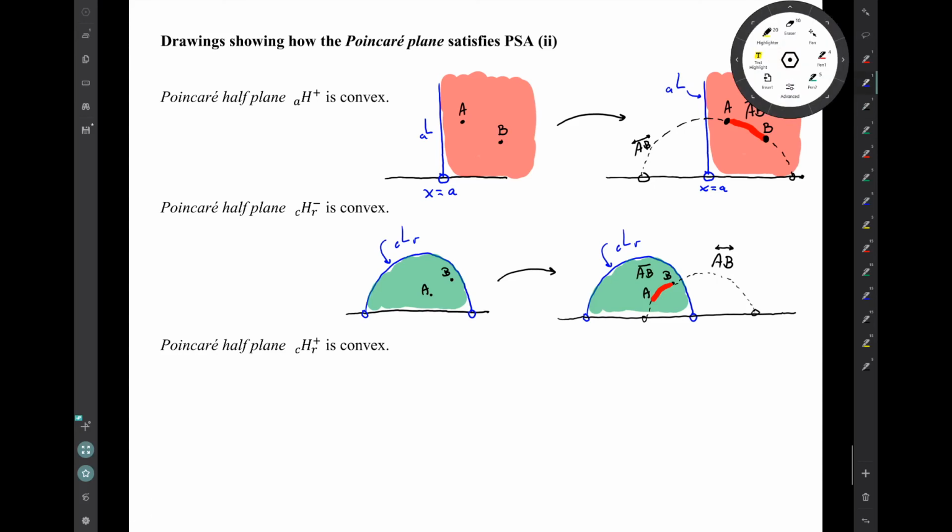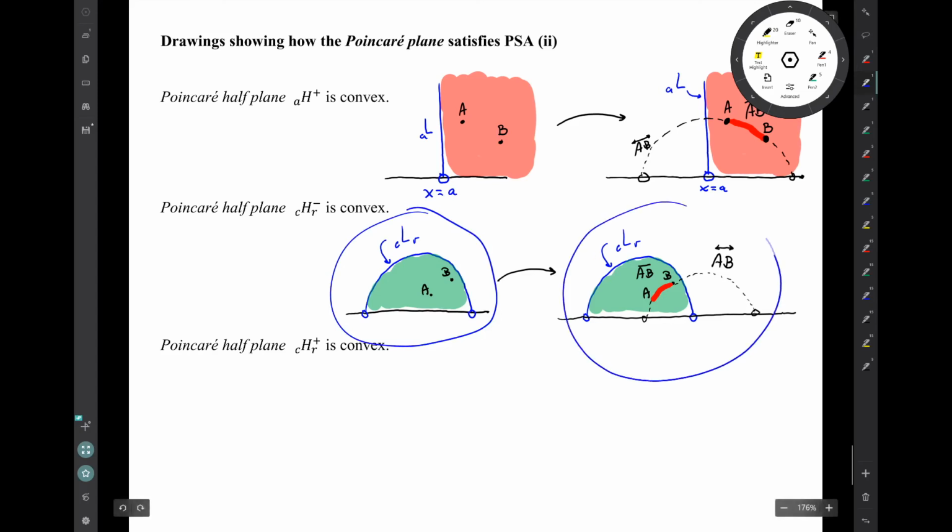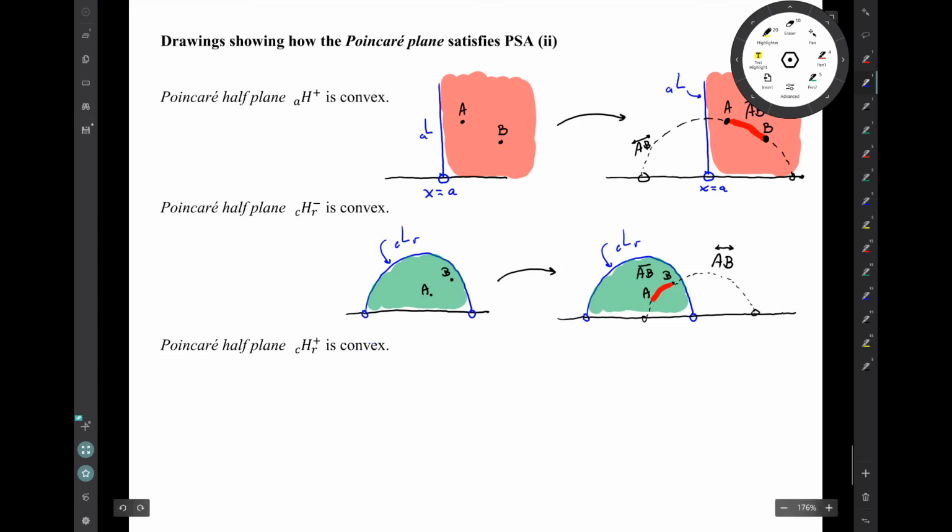So there's a drawing showing 2 points A and B that are both elements of that Poincaré half-plane. And then this drawing shows that segment AB is a subset of that same Poincaré half-plane. And again, it does not claim that line AB is a subset of that half-plane. It's not required, but the segment is. Now the only surprising drawing is the one that I'm going to make now, that Poincaré half-plane type 2 with a plus is convex.